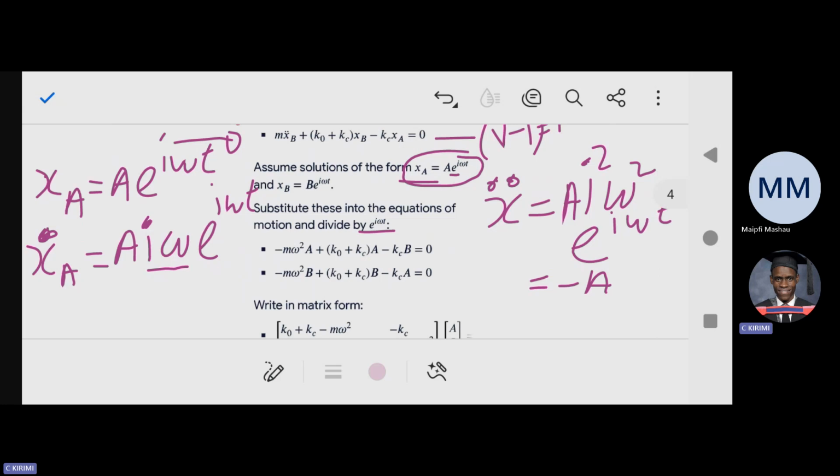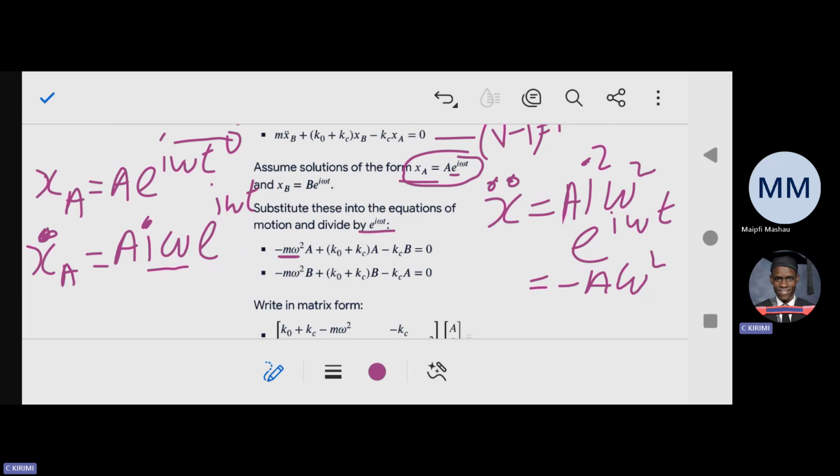So negative a. From negative a, then we are having omega squared. This is your omega squared. This is your negative a omega squared, e to the power I omega t.